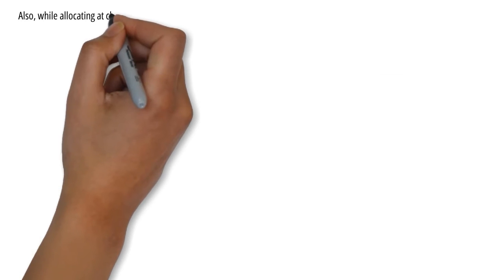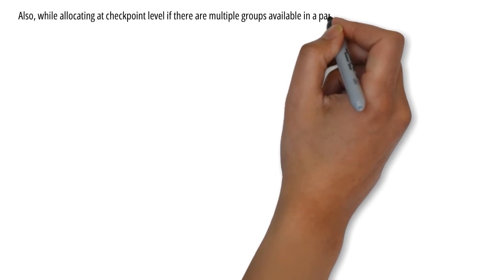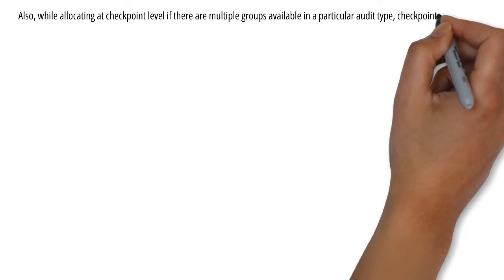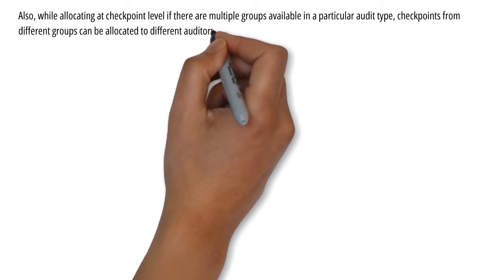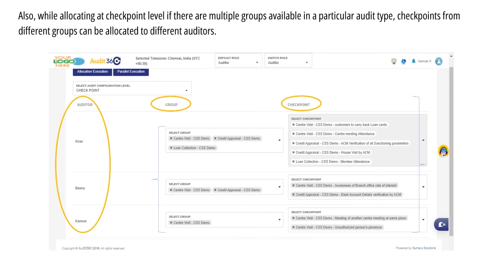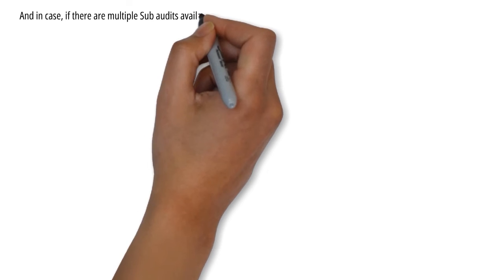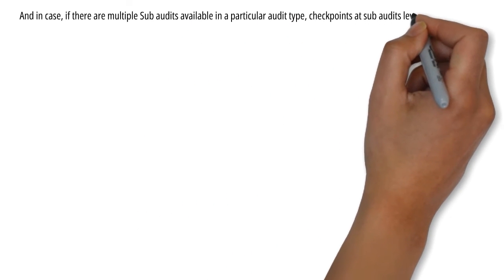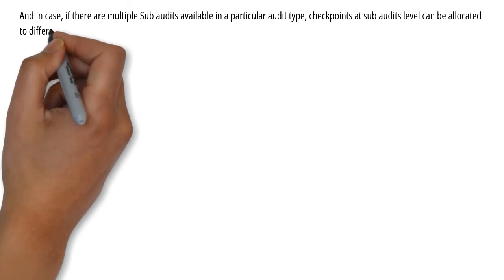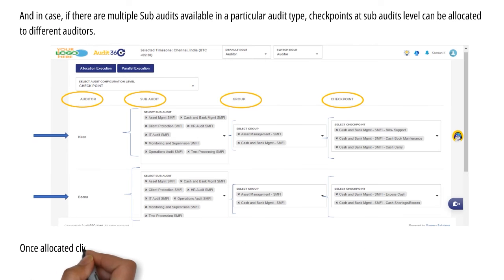Also, while allocating at checkpoint level, if there are multiple groups available in a particular audit type, checkpoints from different groups can be allocated to different auditors. And if there are multiple sub-audits available in a particular audit type, checkpoints at sub-audit level can be allocated to different auditors. Once allocated, click on the Submit button.